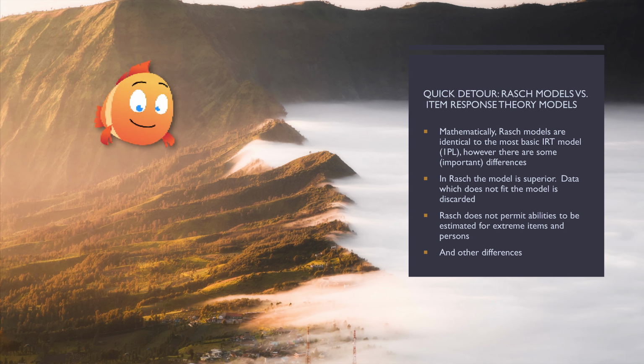Rasch doesn't permit abilities to be estimated from extreme items or persons. There are a couple of other differences that I'm happy to talk about in office hours, but it's a more strict version. As much as I instinctively want to say they're equivalent, they're not. IRT is much more flexible.